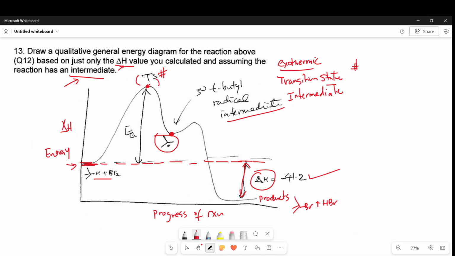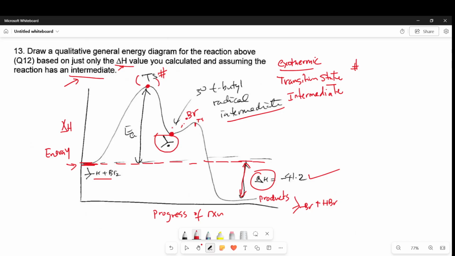So the intermediate is not this. And then that intermediate recombines with a bromine radical, and from that transition state again would fall off to the product. So this is the energy diagram with an exothermic delta H value of minus 41.2, and which has an intermediate.